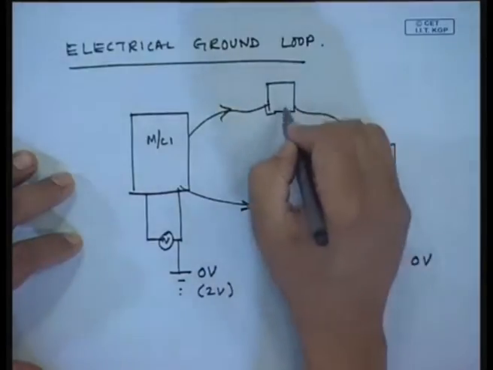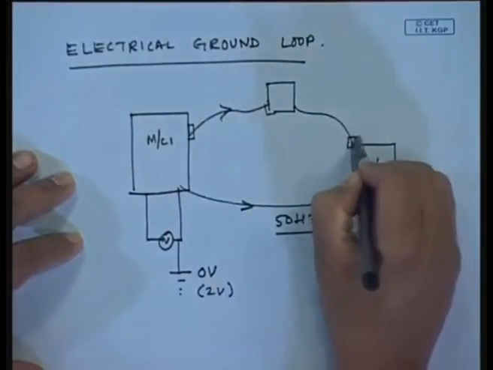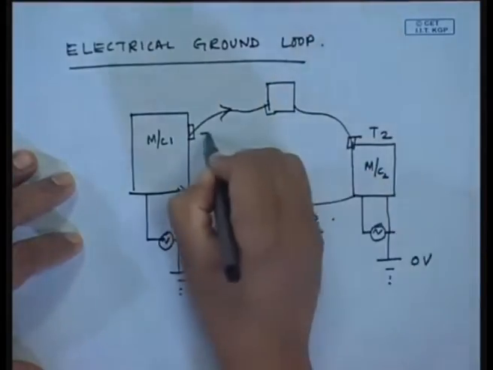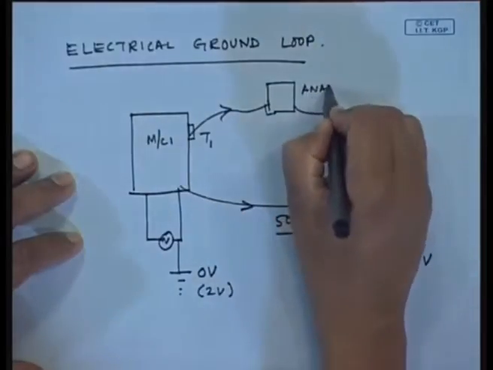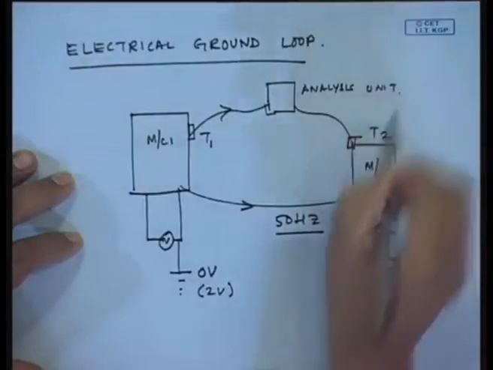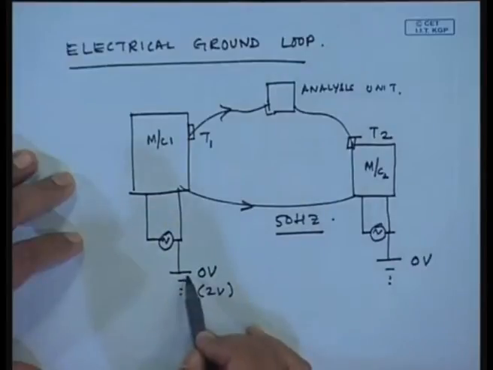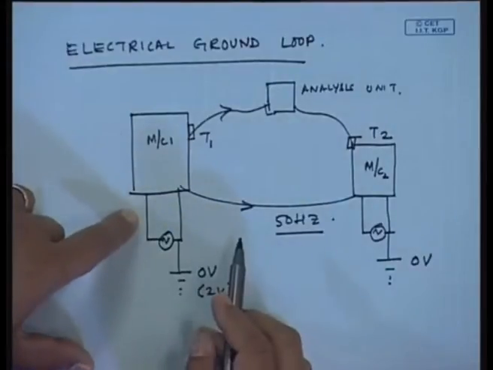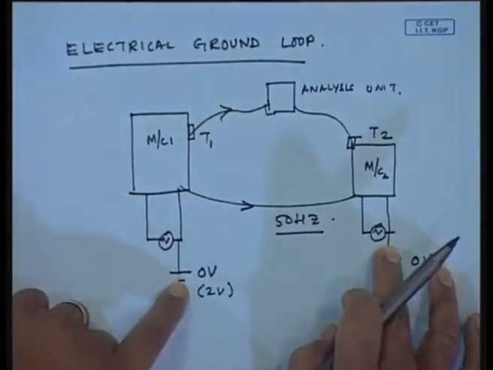So, any measurements, if I put a transducer here, T 2, T 1, and then I go to my common analysis unit, you will see, because of the potential difference, because this has a separate power supply, this has a separate power supply, and one is at a different ground.